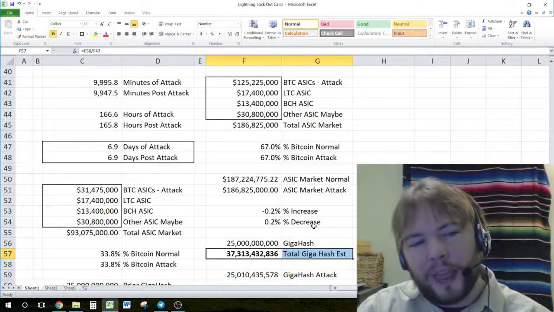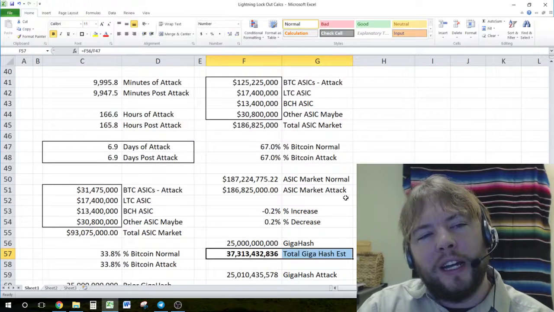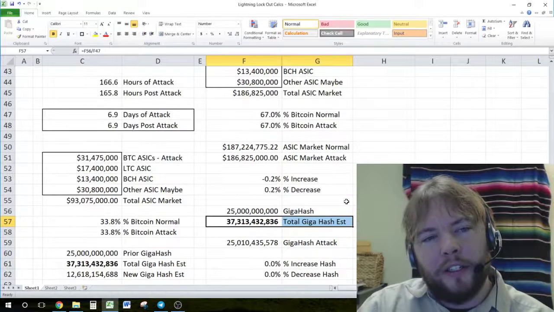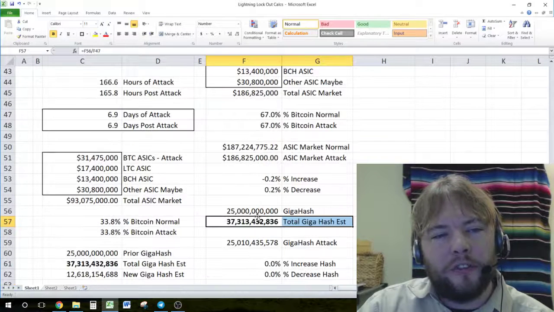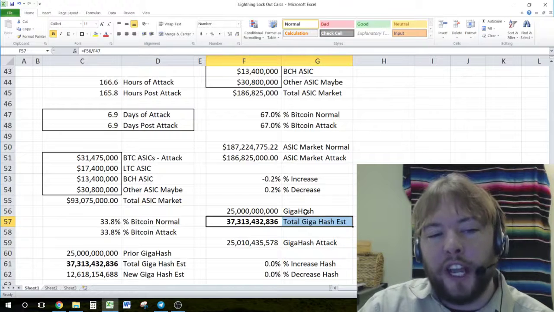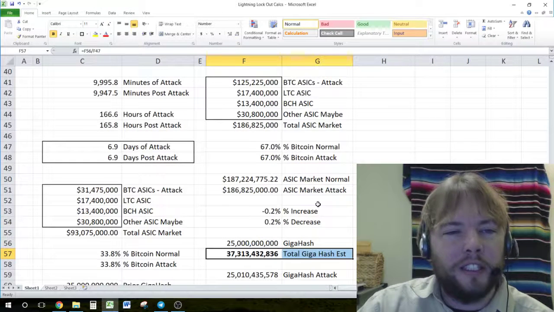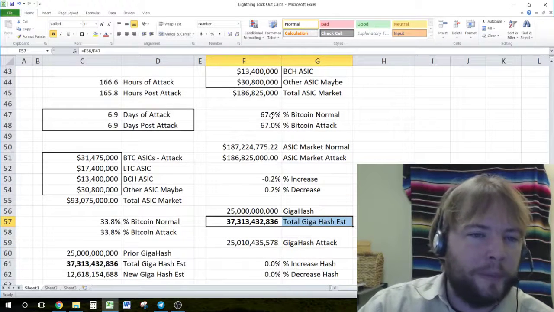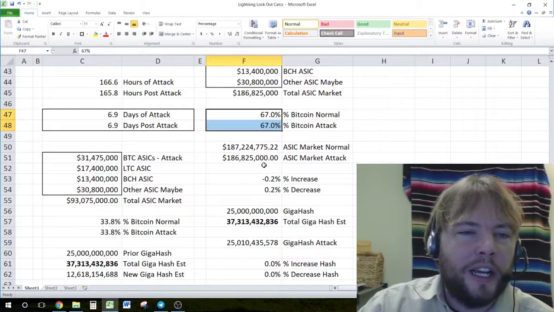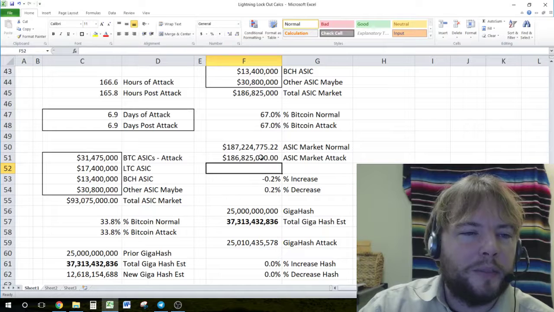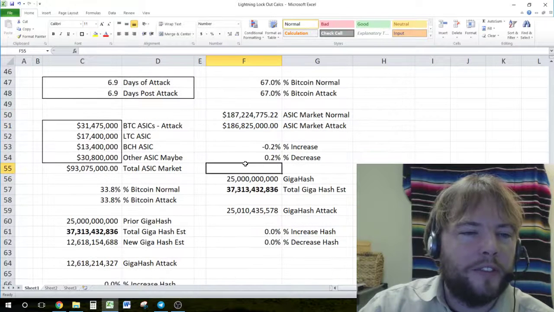So if Bitcoin dollars spent for mining doubles, the gigahash for Bitcoin does not double, because the total gigahash output does not change. However, the percentage for Bitcoin does change. Currently, Bitcoin's getting about 67% of the gigahash. These numbers are a little off, but not really relevant.